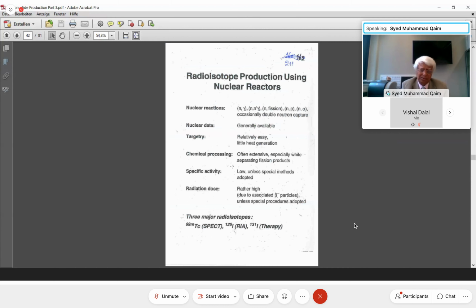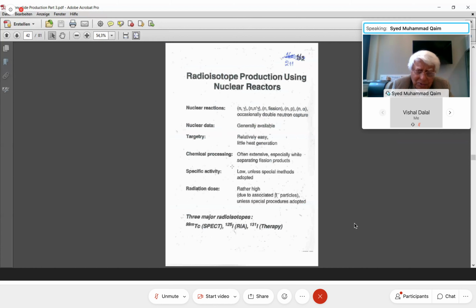How about radiation dose? Radiation dose is rather high. Reactor-produced radionuclides have a rather high radiation dose, and this is why they are suitable for therapy. The radiation dose is high unless some special procedures are adopted.